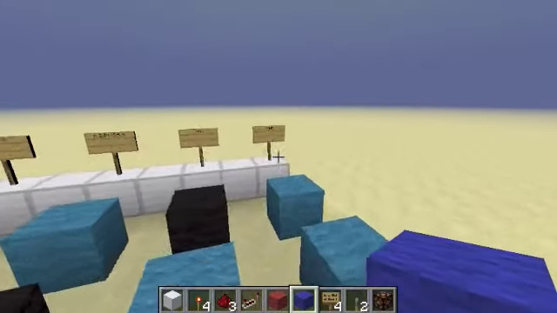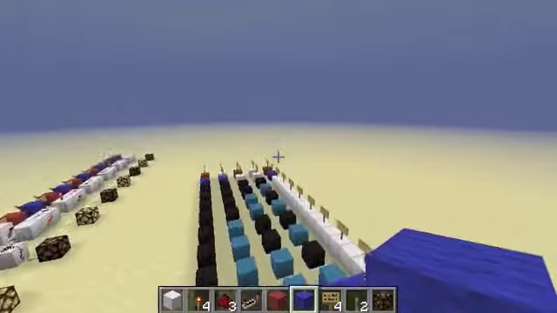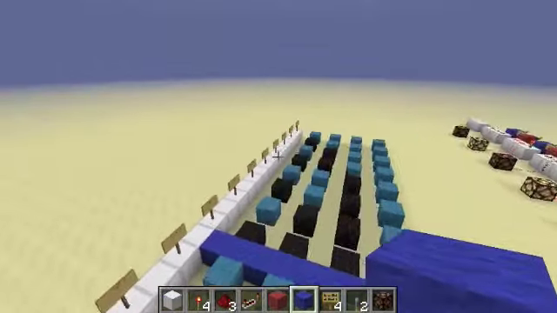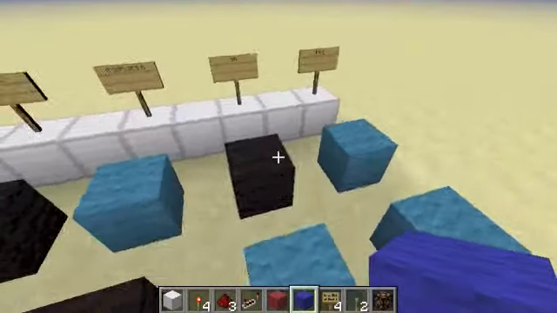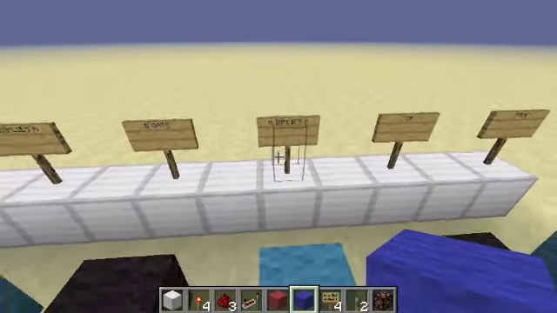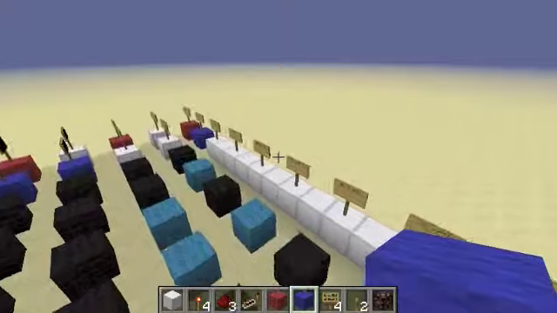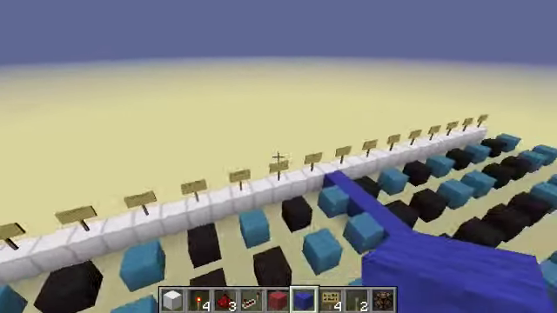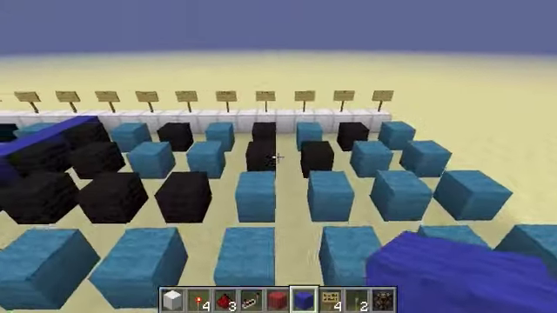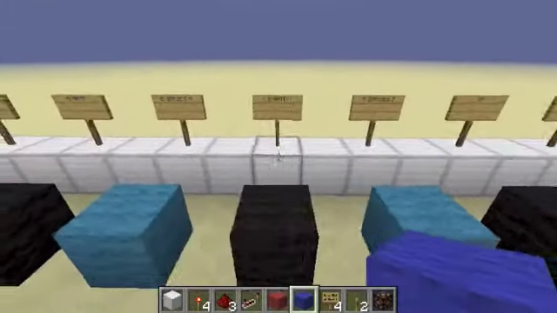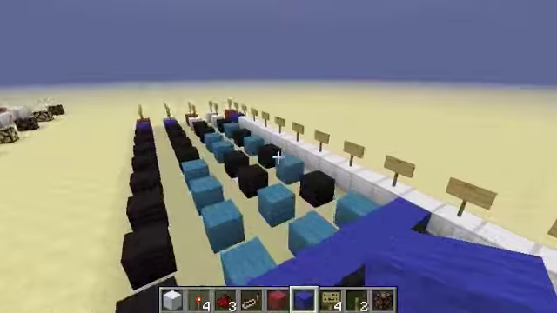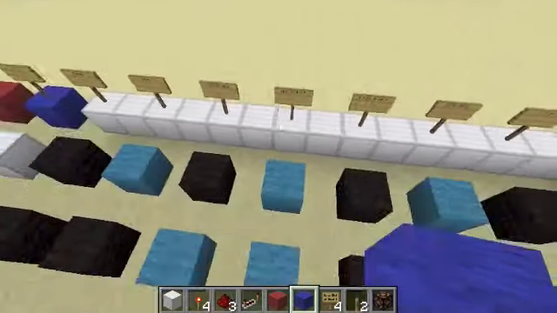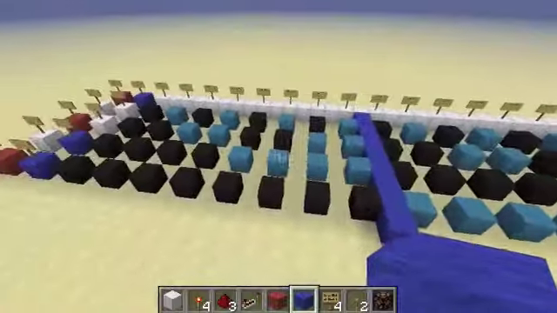So notice the true gate and the false gate are on opposite ends. The NOR gate and the OR gate are here and here. The A implies B gate and the A not B gate are mirrors of each other, and they're both third from the end. The B gate and the not B gate are mirrored from each other, and so on and so forth.